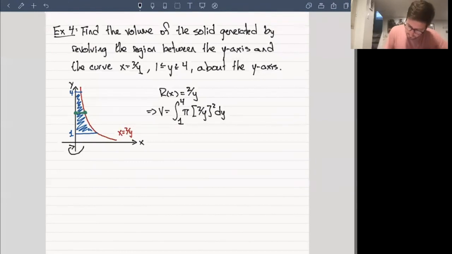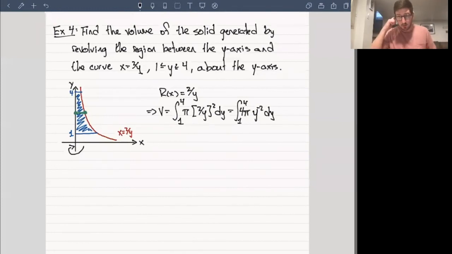So let's expand this out and make it look a little prettier. Let's put the 4 out front and write it as y to the minus 2. I think it's a little nicer to keep it all on one line. And then the integration is a little easier too, because you're just adding 1 to the exponent.